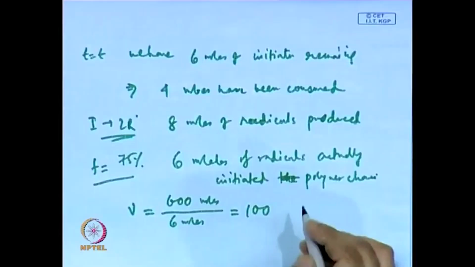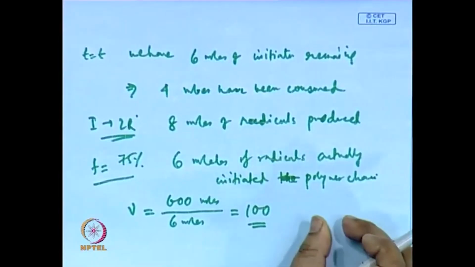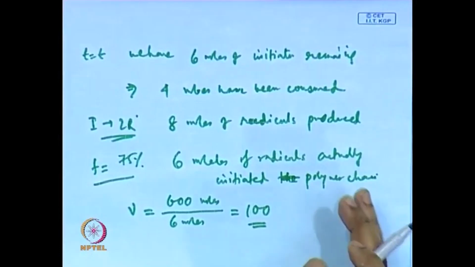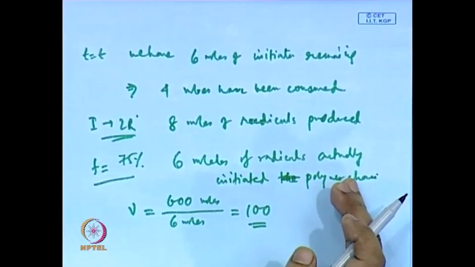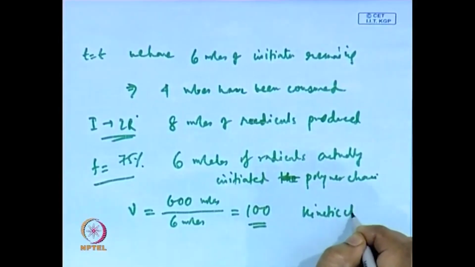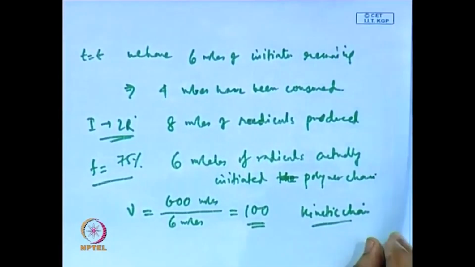So, it is clear 100 means the number of monomers on average which is present in a polymer chain before it undergoes termination reaction. We call that chain a kinetic chain. Kinetic chain has 100 monomers. Okay.